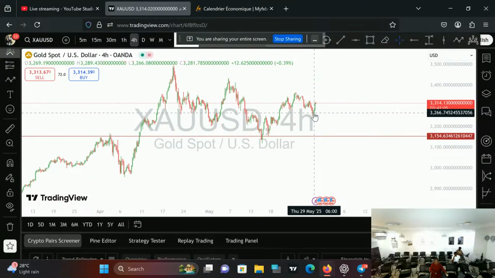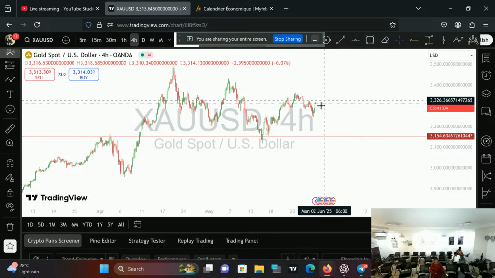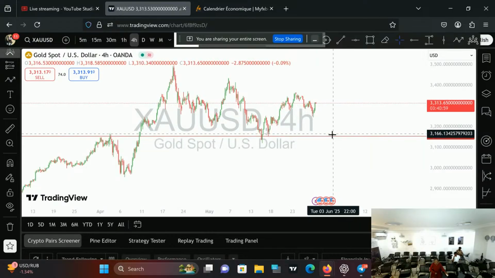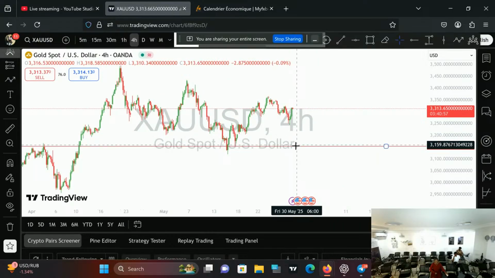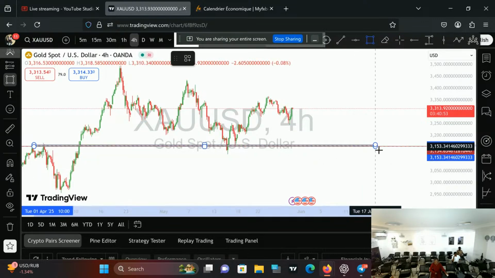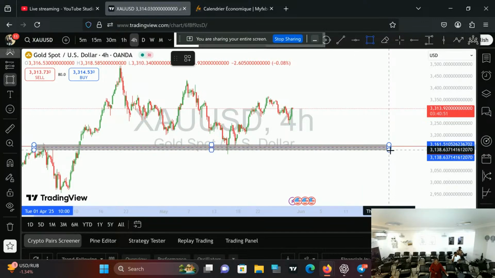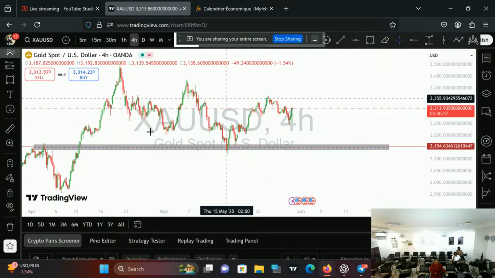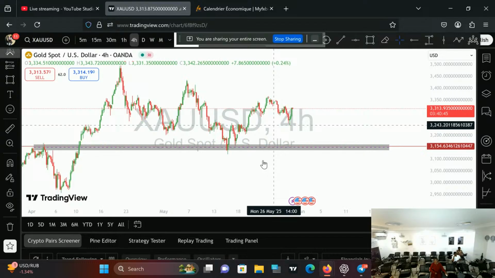From the 4 hours, I think the market is rallying down to this support level to continue buying.